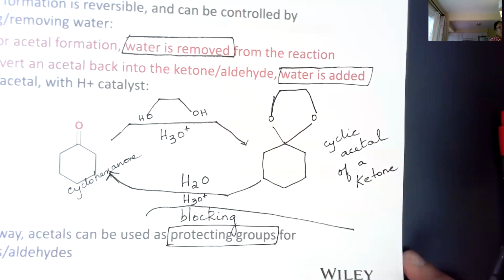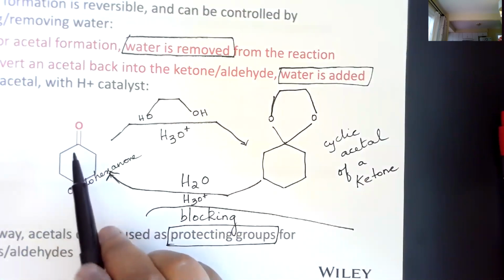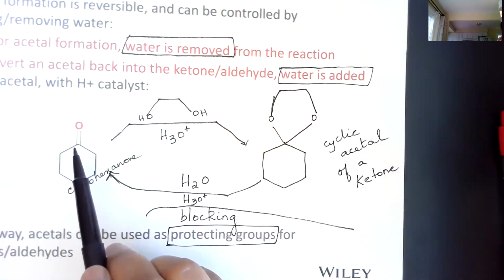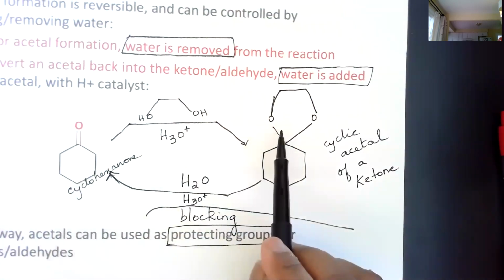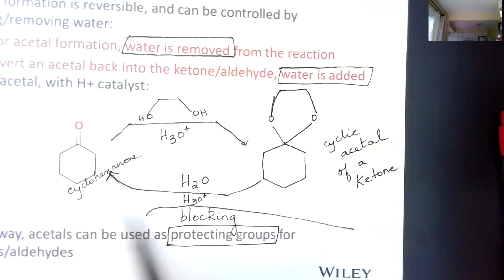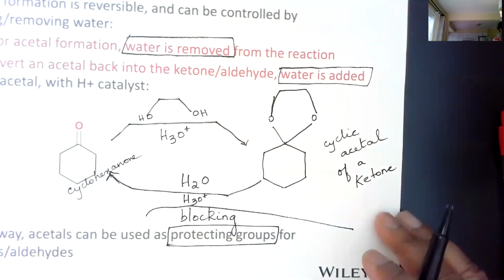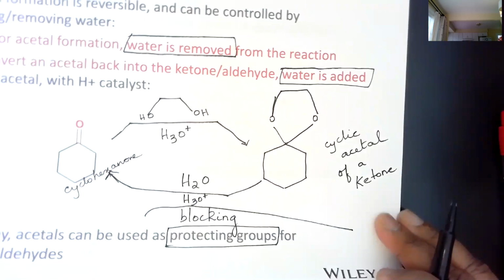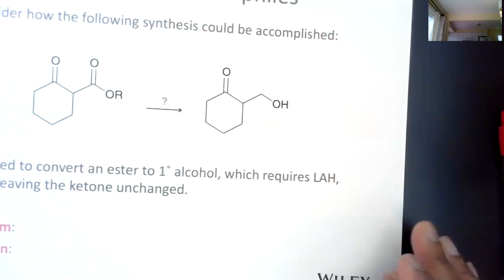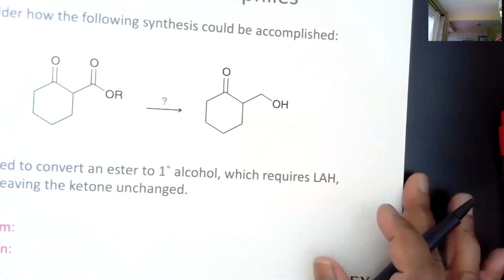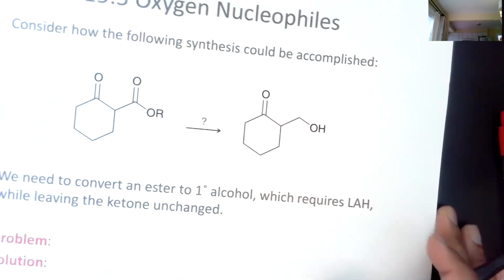All right. So anytime you want to block that because that's reactive in a synthesis problem, you cap it off. Okay, and then when you do something else with the rest of the molecule, go back and remove the block. Okay.